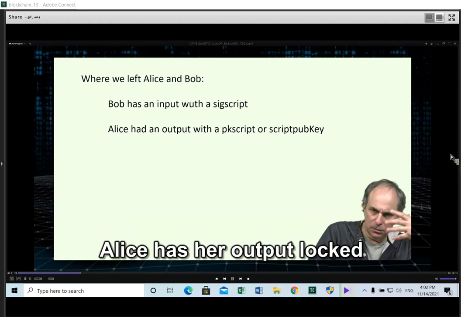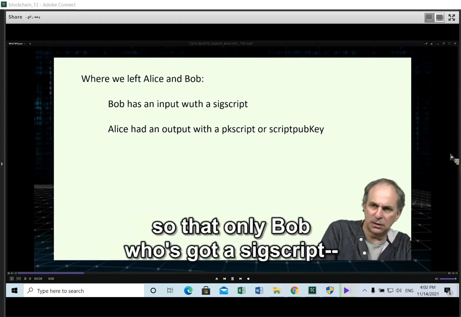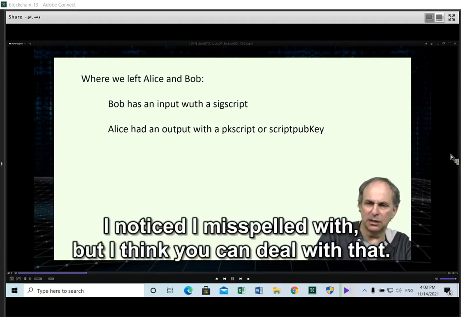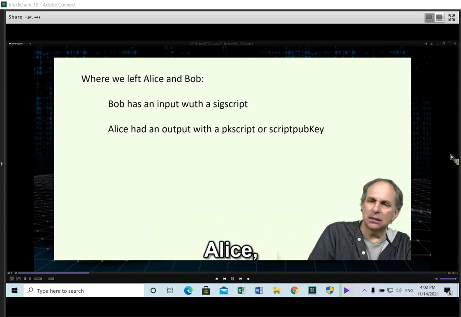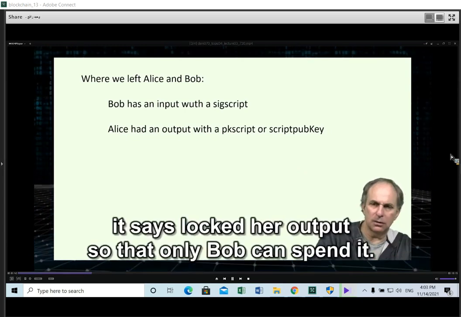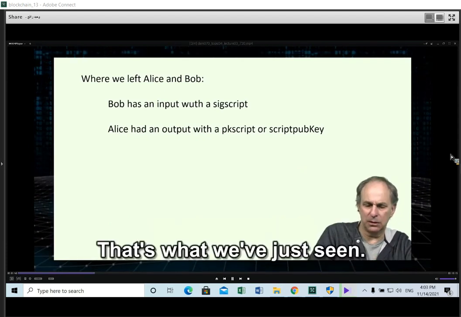But until he does, Alice's output is unspent. Until Bob spends it, it's unspent. It's kind of tautological, but it actually means something because unspent transaction outputs are an important thing.